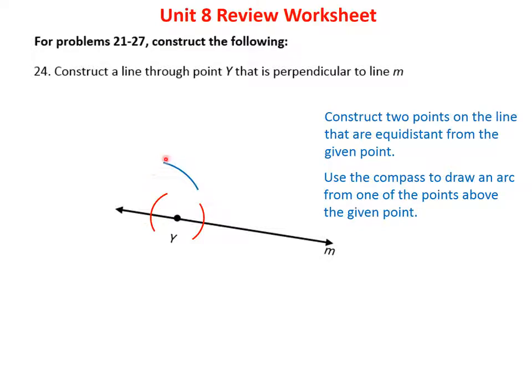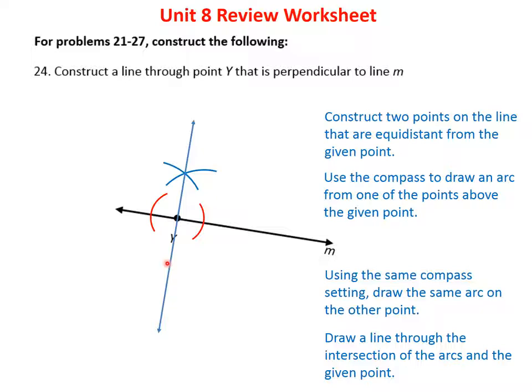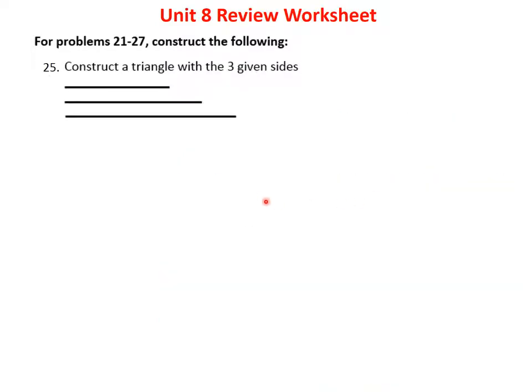We start at this point and draw an arc this way, then come over to the other side and draw the exact same arc. Those 2 points are equal distance. Now all we have to do is draw a line from our point through that point, and that is our perpendicular.